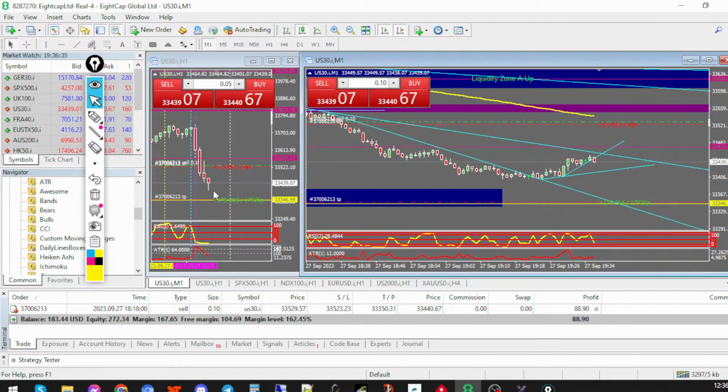And on the 1 hour time frame, what are you seeing? All you're seeing is a wick, right? On the 1 minute time frame, that's where you get to see the detailed price action. Let's see how the price is going to go.